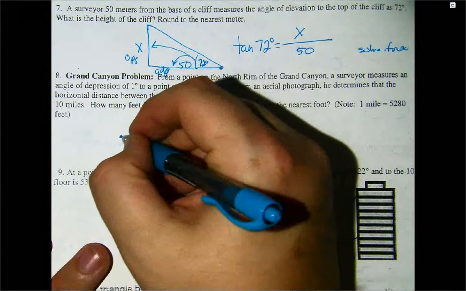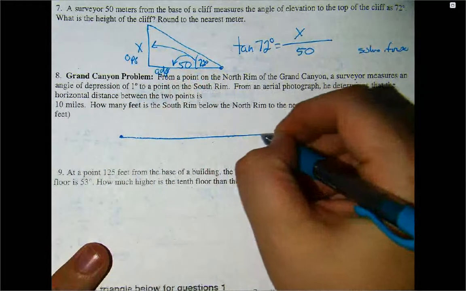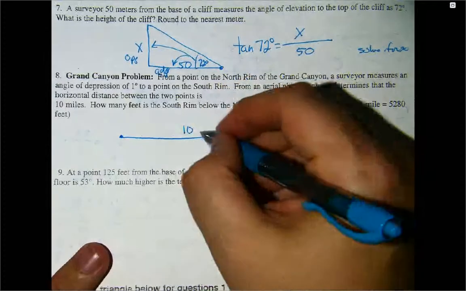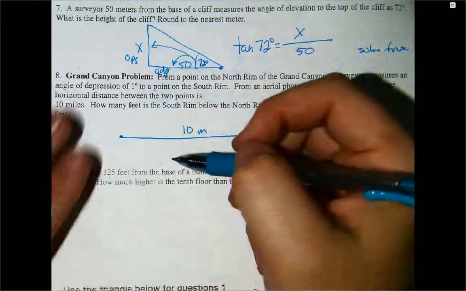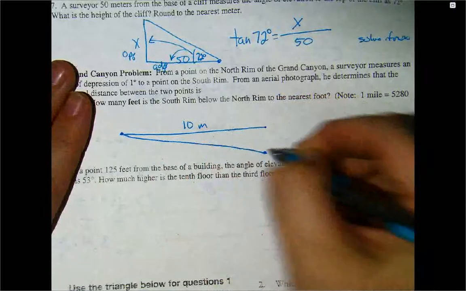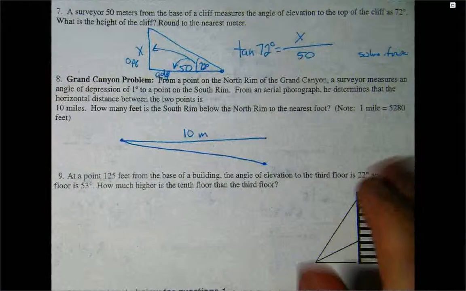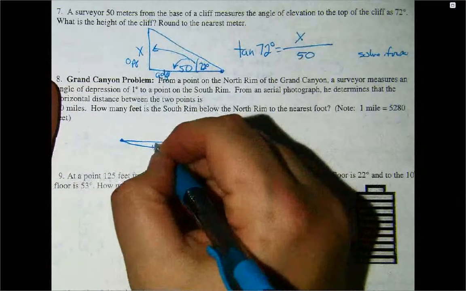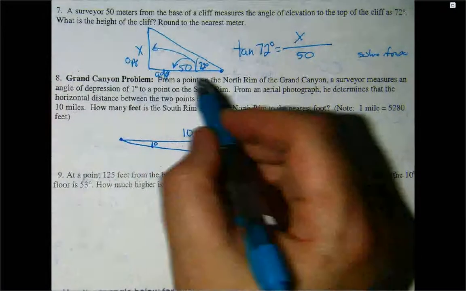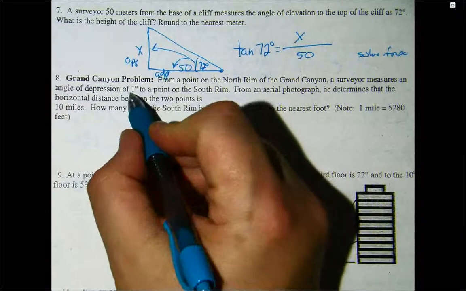And there's a South Rim. 10 miles is between them. And the angle of depression is 1 degree. 1 degree, and that's right here. 1 degree. From the distance is 10 miles.